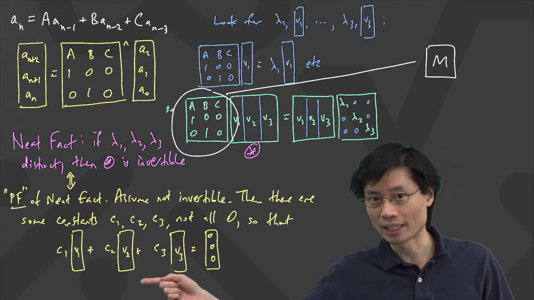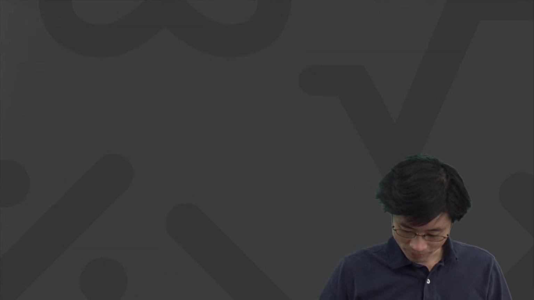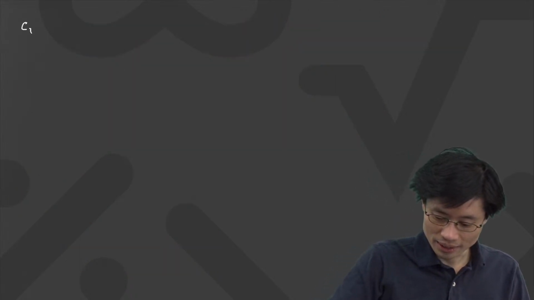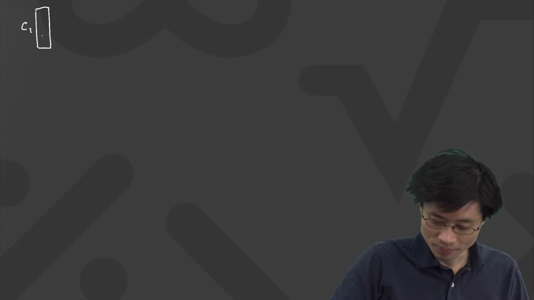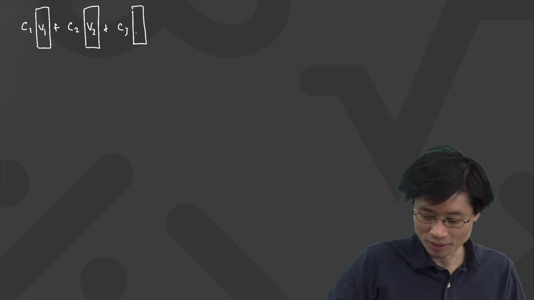I'm first going to rewrite this piece up onto the next screen. I know that C1 times V1 plus C2 times V2 plus C3 times V3 is equal to 0, 0, 0.